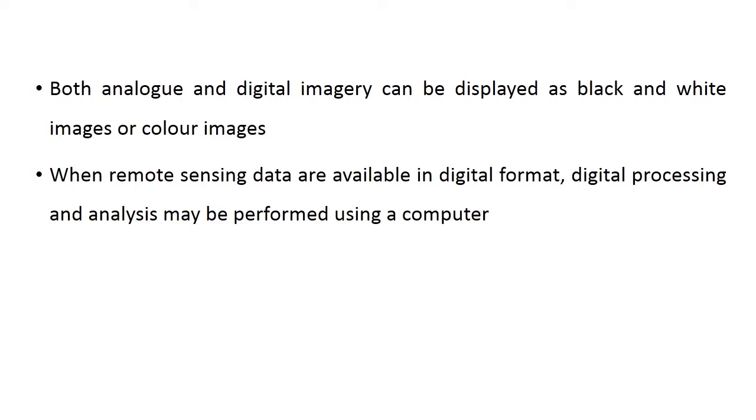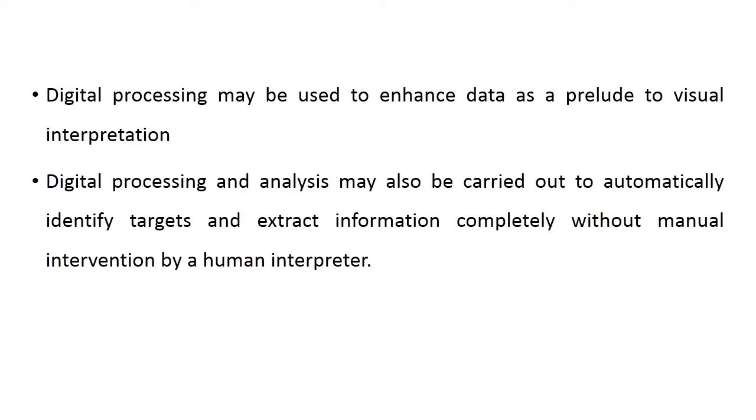When remote sensing data are available in digital format, digital processing and analysis may be performed using a computer. Digital processing may be used to enhance data as a prelude to visual interpretation. Means by the technique of digital image processing, we are able to enhance the information for the sake of visual interpretation.